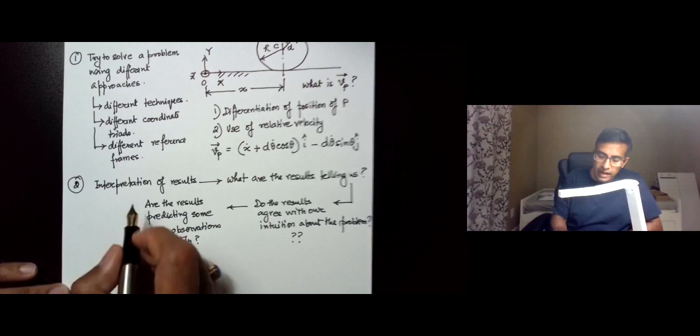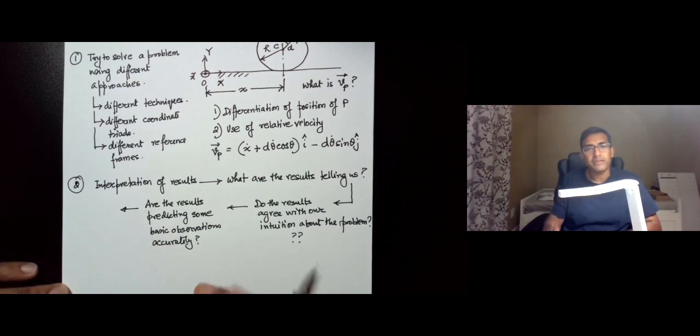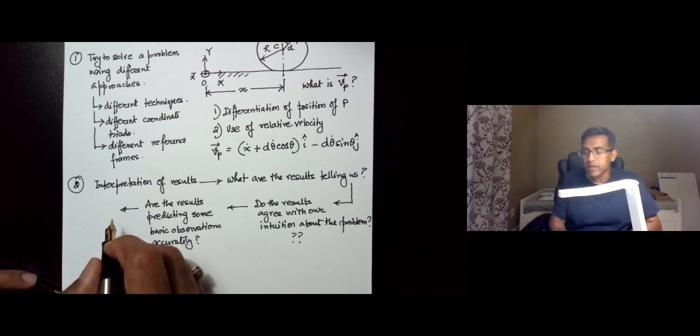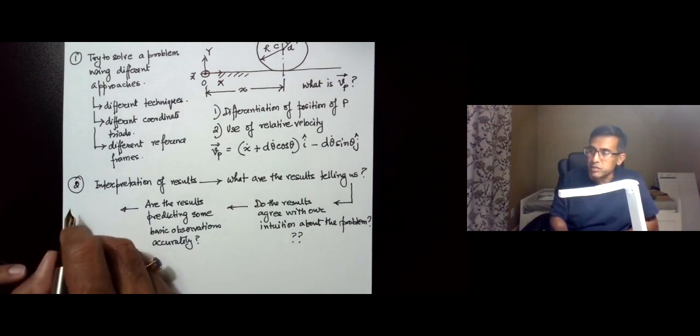And once you have done that, and once you have a certain level of confidence with respect to your analysis, then you can go to the more scientific and engineering question of what else can this result give us? What kind of predictions can I make from this? Are there any engineering benefits that I can gain out of this system that I am analyzing? So anything new that the results will tell us.